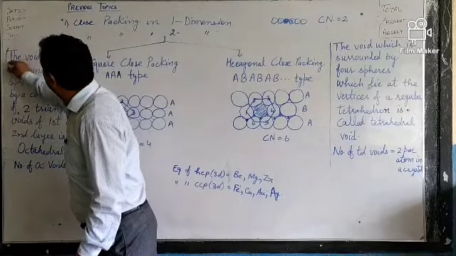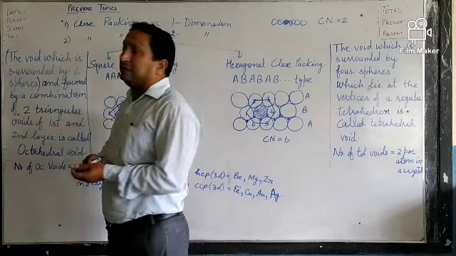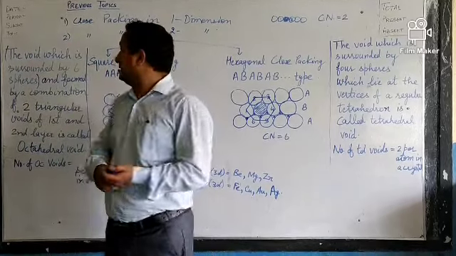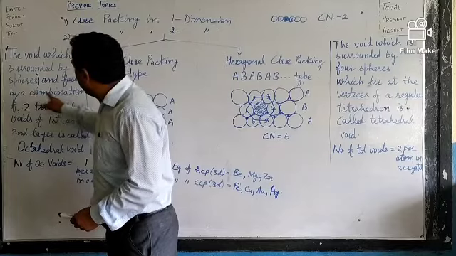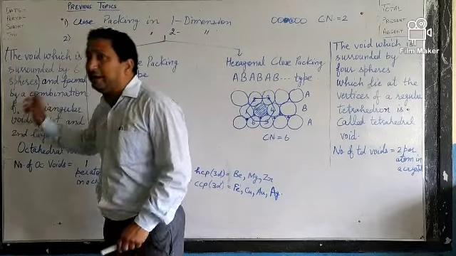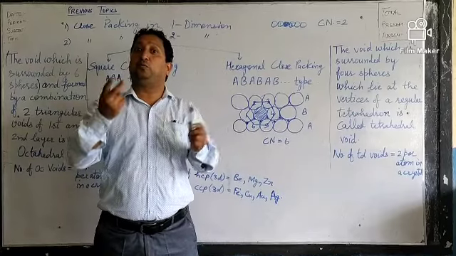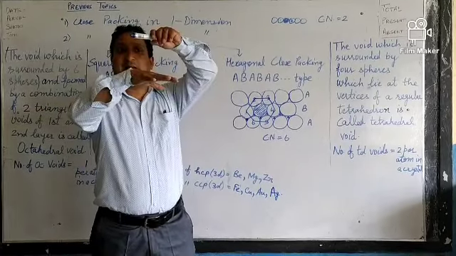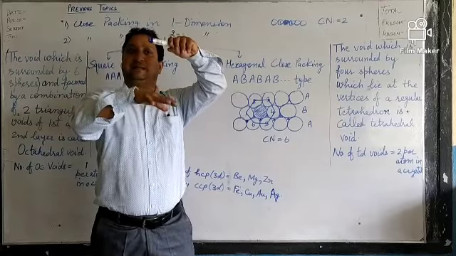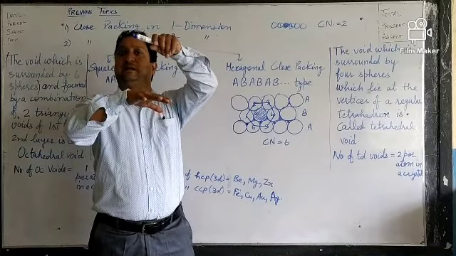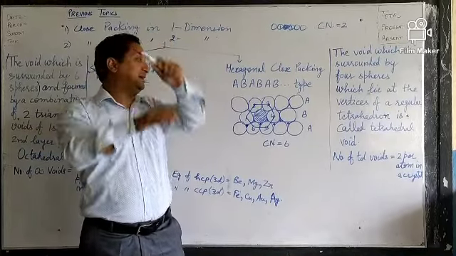First, it is formed by 6 spheres. Second, it is formed by a combination of 2 triangular voids, one pointing downwards in the first layer and one in the upwards layer, which point opposite to each other.